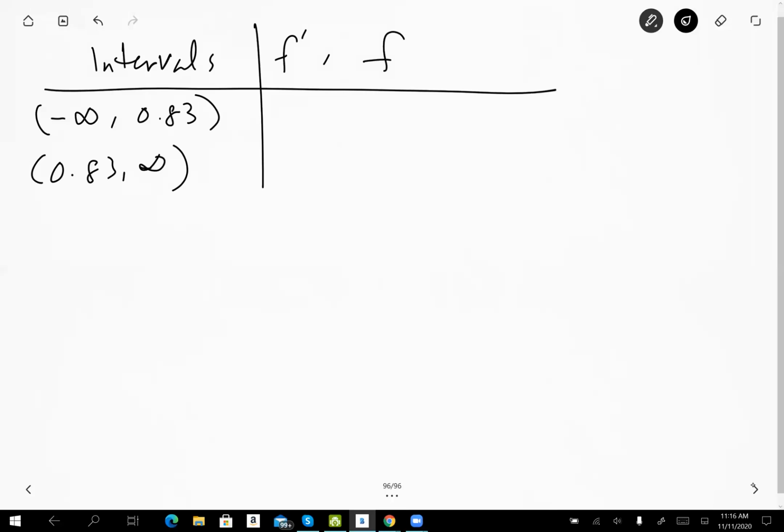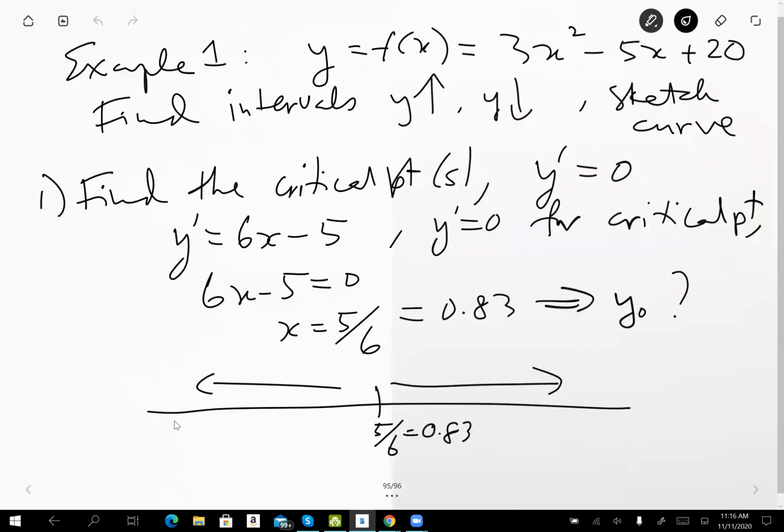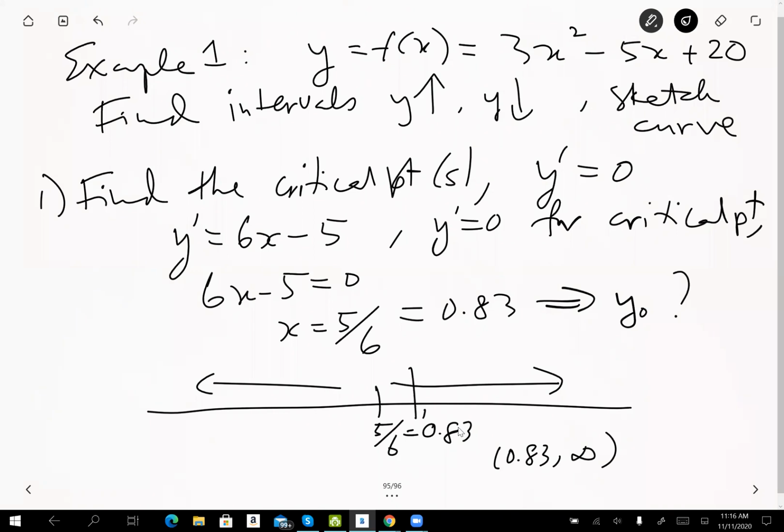Again, you need a test point. Just give me one test point. If you look at the interval, the critical point is at 0.83. Give me one test point to the right interval. 1. Okay, 1 is a simple number, very easy to do.